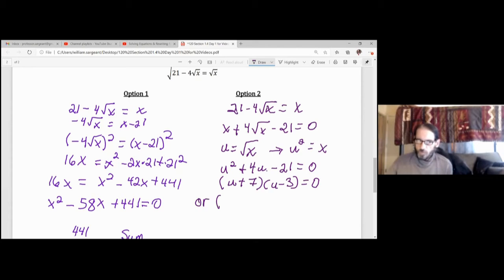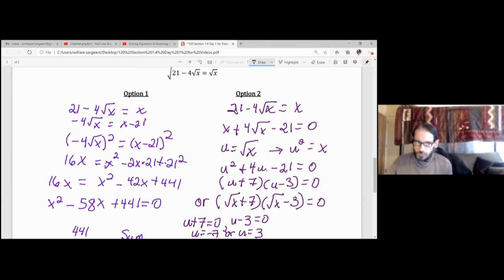Some of you may not need to see the u substitution. You could have come up with, oh, this is square root of x plus 7, that quantity, times the square root of x minus 3. So either we'd be looking at u plus 7 equals 0, u minus 3 equals 0, and coming up with u equals negative 7, or u equals 3.